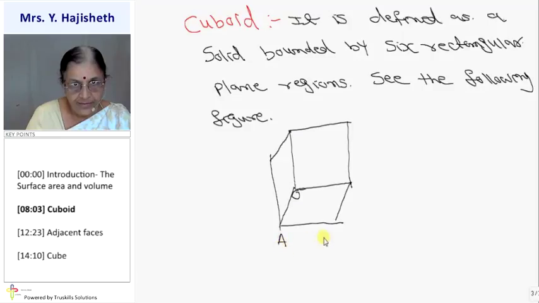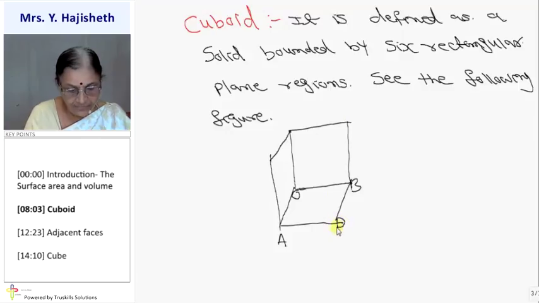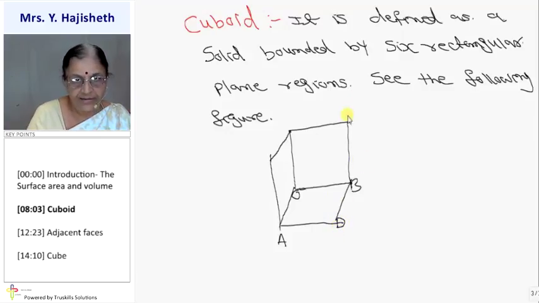If I call these points O, A, B, and here I write D, OABD. Then here I write E, here I write C, here I write F. Clear?